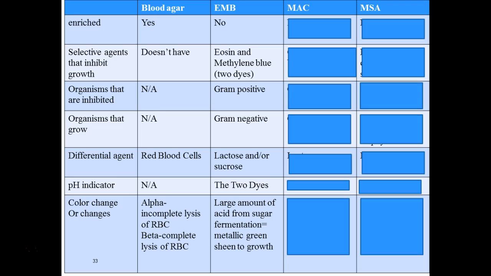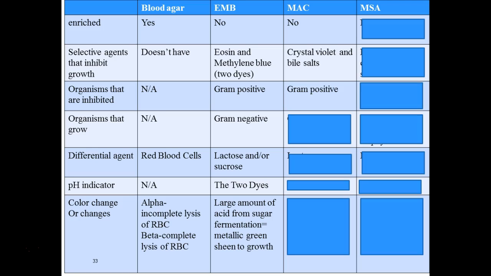MacConkey agar, is that enriched? No. Does it have selective agents? Yes. What are they? Right, crystal violet and bile salts. Who does it inhibit? Gram-positives. So who's going to grow then, of course? Gram-negatives.